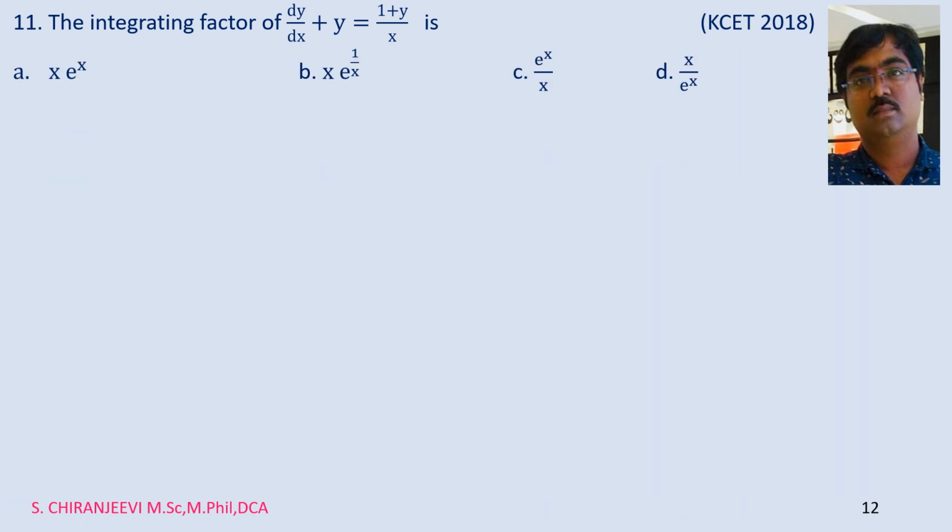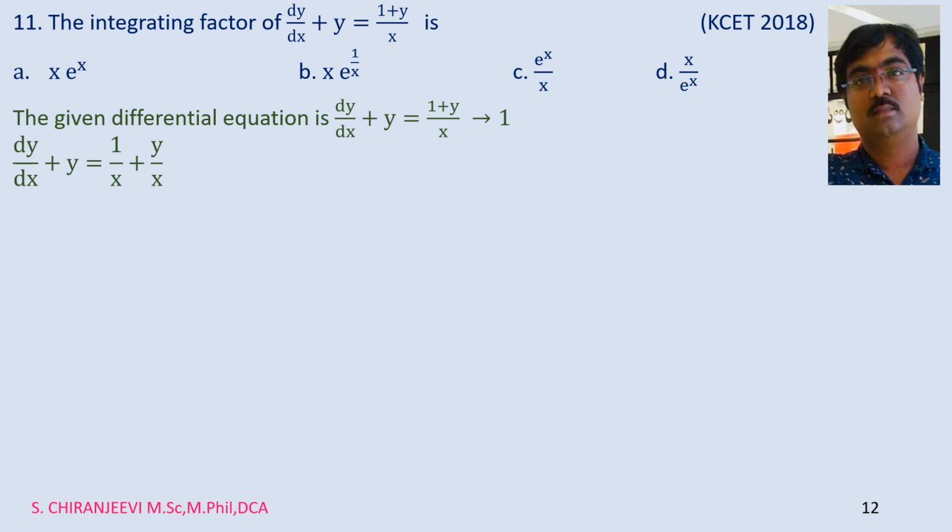Going to the next problem, the integrating factor of dy by dx plus y equal to 1 plus y by x is, which is asked in the year 2018. The options are given below. From the given differential equation, dy by dx plus y equal to 1 plus y by x.